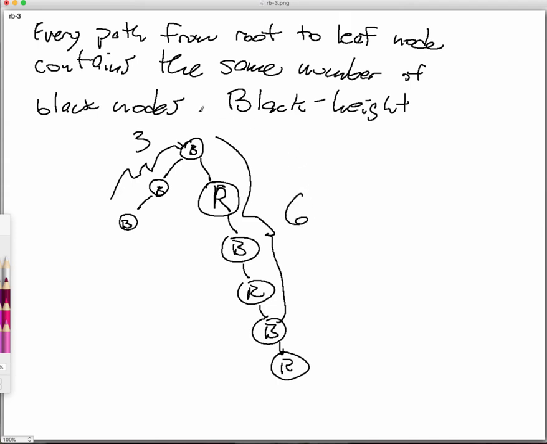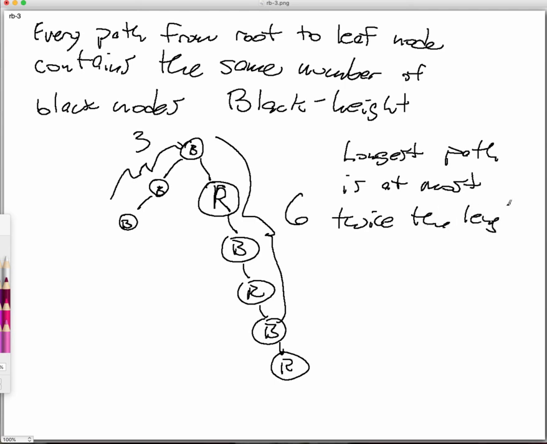So basically, what the red-black rule is enforcing us to do is it's saying that the longest path is at most twice the length of the shortest path.